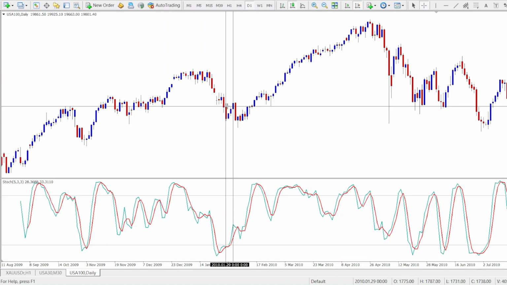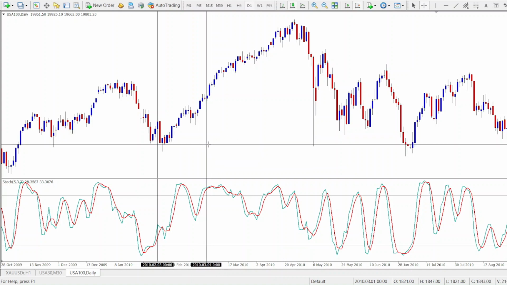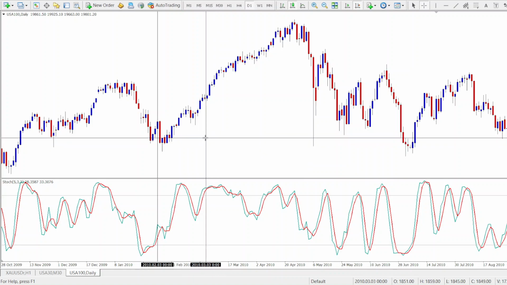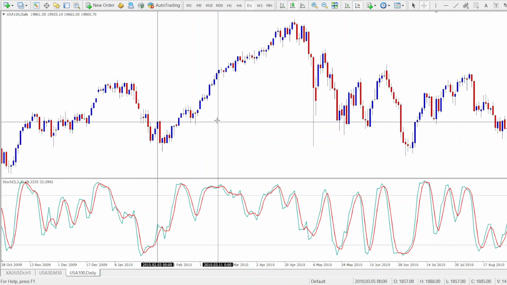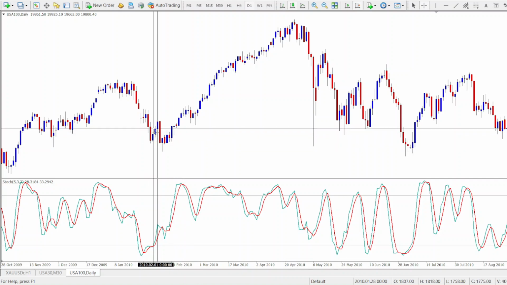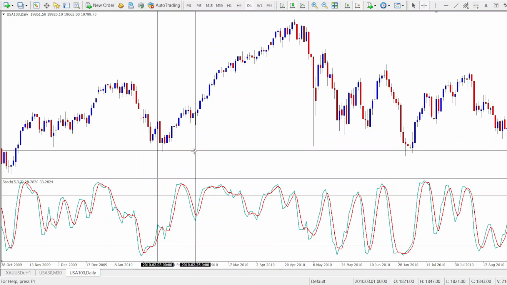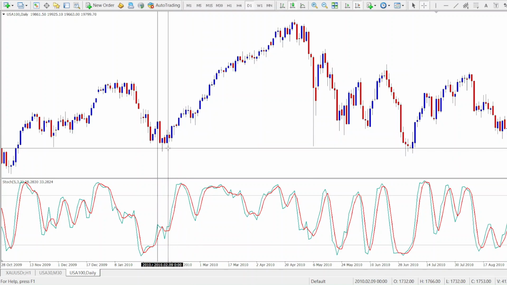A good position to set the stop loss is below the candlestick pattern, or if the pattern is not at the bottom of the swing low, below the swing low.